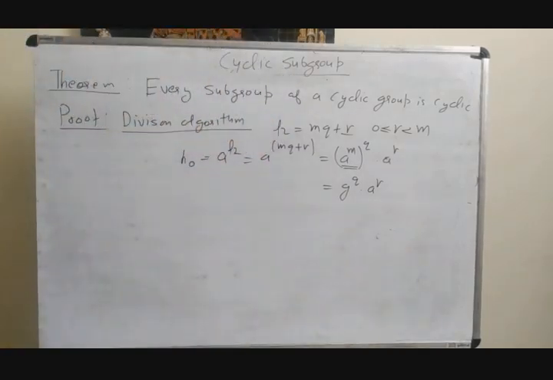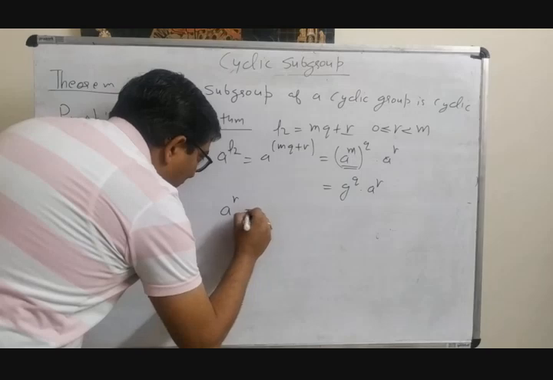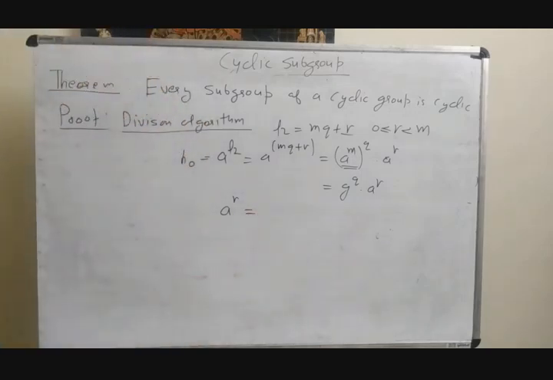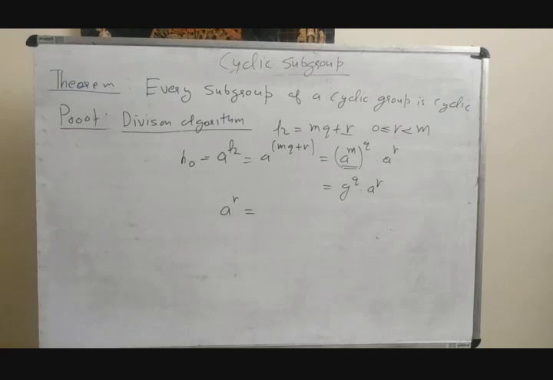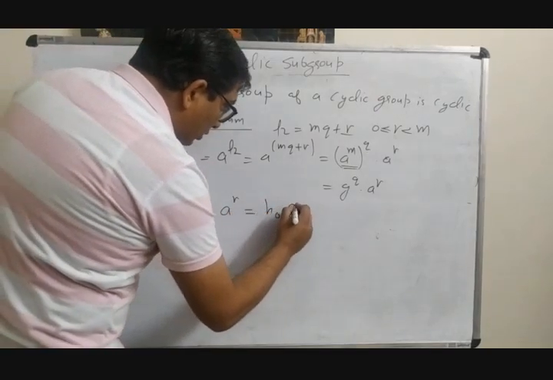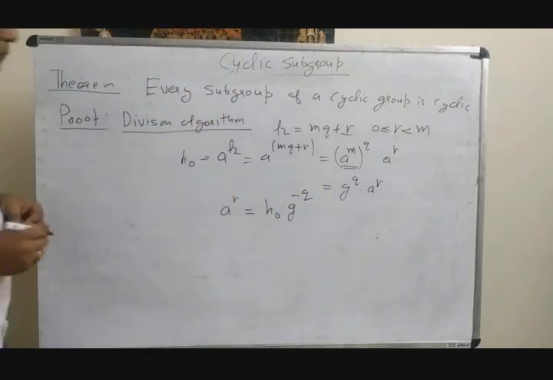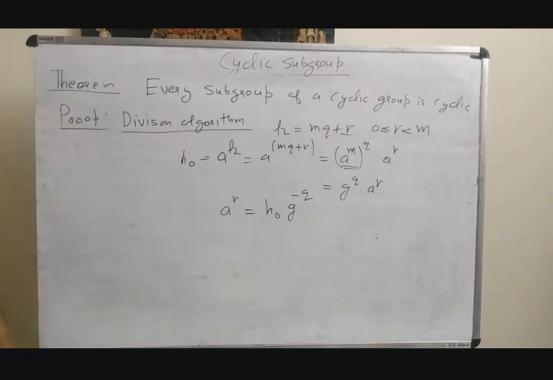So from here, what is the value of a raised to power r? a raised to power r is equal to h naught g raised to power minus q.